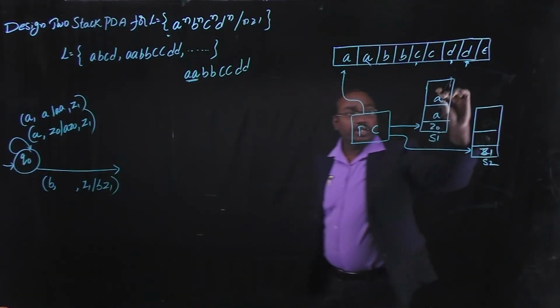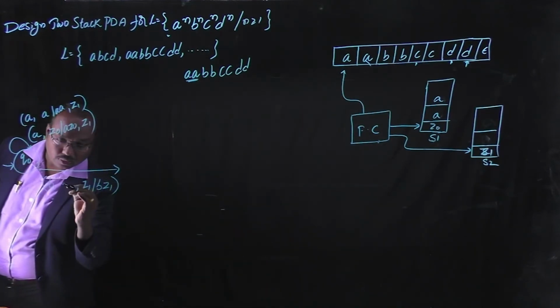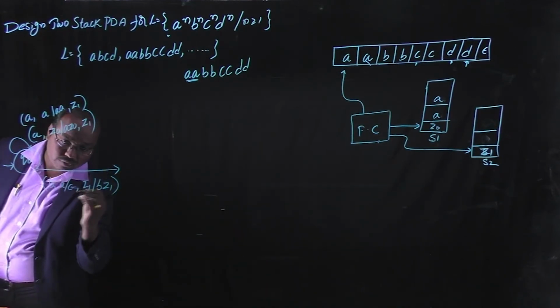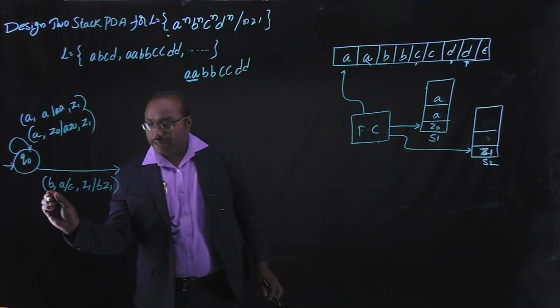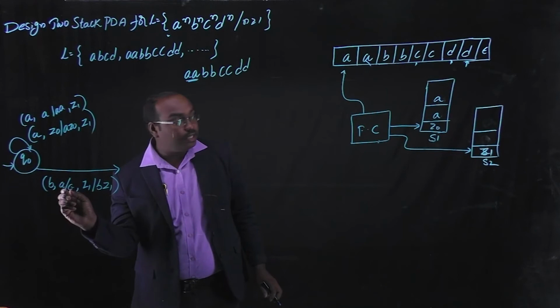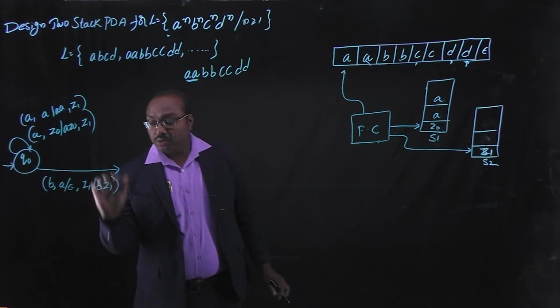How do we write the transition function? If the input symbol is B, we push that input symbol onto stack 2, where the top symbol is Z1, and we remove the element from stack 1. If the input symbol is B, the top symbol A in stack 1 is removed, and in stack 2 we push the element B.